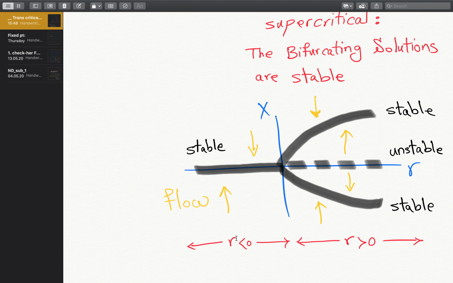So for this negative r, we just have this line which is stable, and the flow of any state here is going to be absorbed and attracted to this stable family of fixed points, and here as well, but it is repelling from this unstable one. Therefore, you see a kind of symmetrical thing here, right? If we did not have this unstable fixed point, a state here wouldn't know whether it should go to this stable fixed point or this stable fixed point.